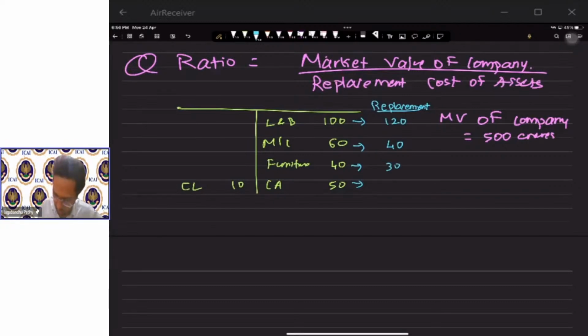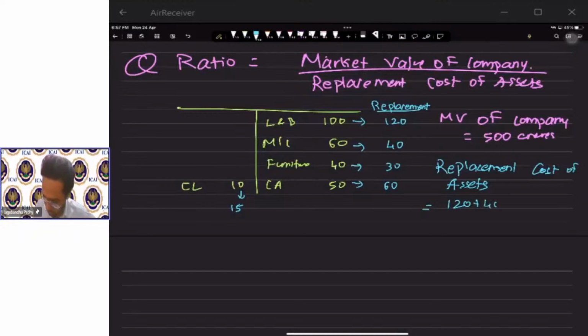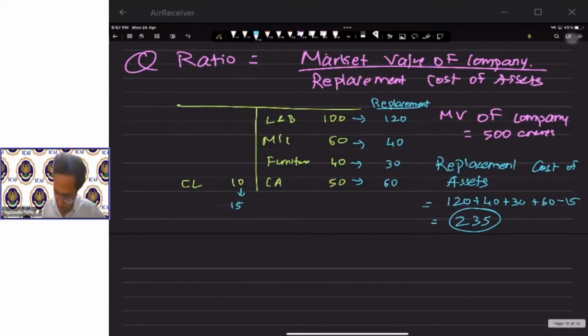For current assets, which are stock, cash, debtors and short-term investments, the current replacement value is 60, and the current liability is 15. So the replacement cost of assets is 120 plus 40 plus 30 plus 60 minus 15, which is 235.